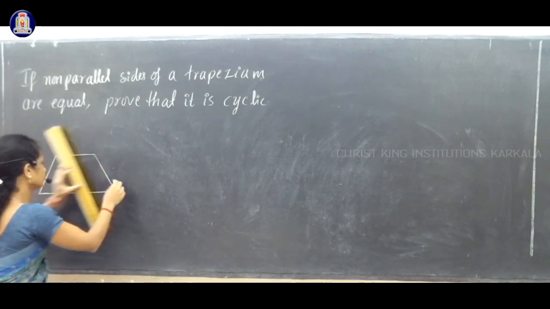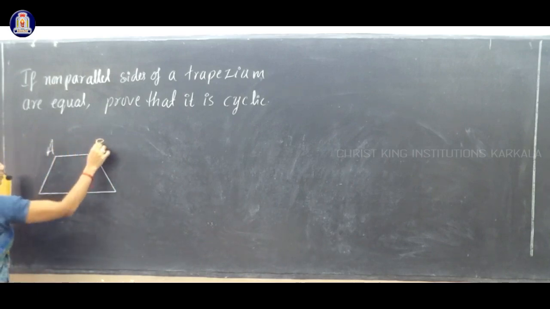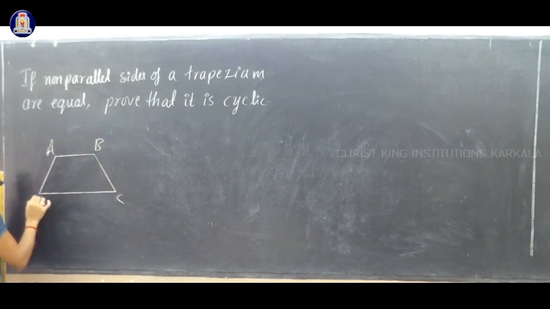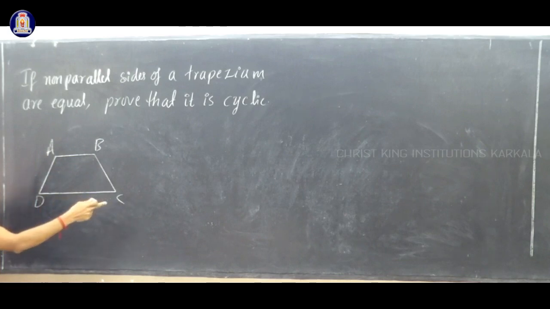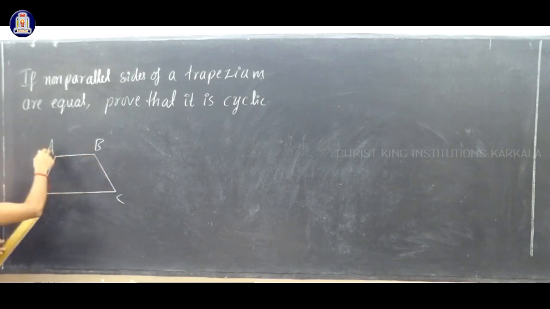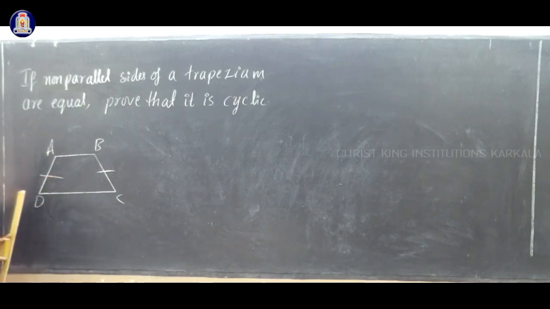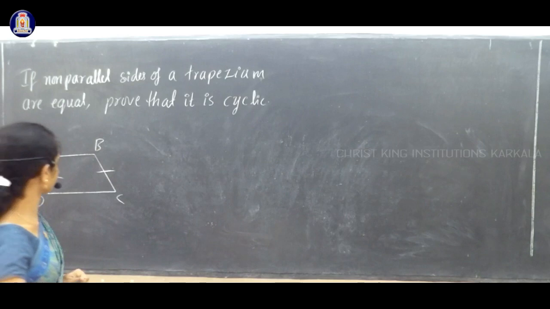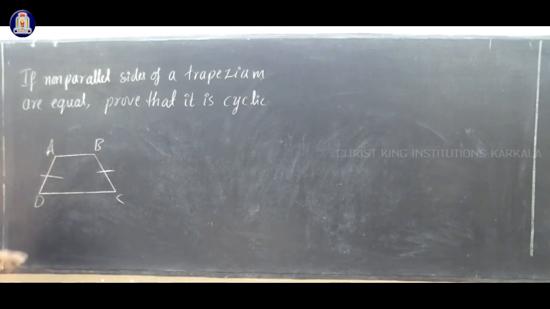This is a trapezium ABCD, in which AB and CD are parallel sides. Which are the non-parallel sides? AD and BC. They are equal, as given. Next you have to prove that it is a cyclic quadrilateral.